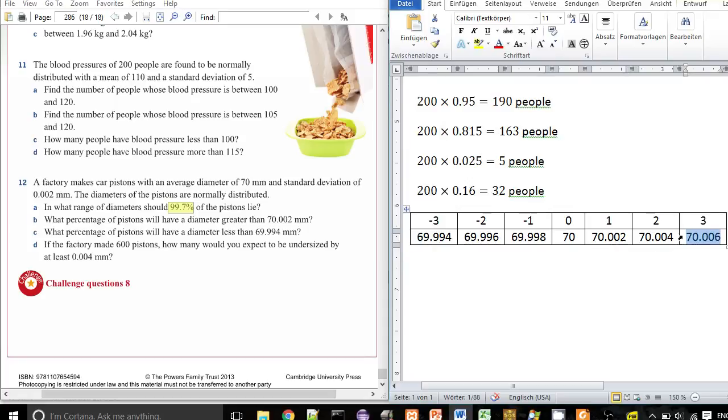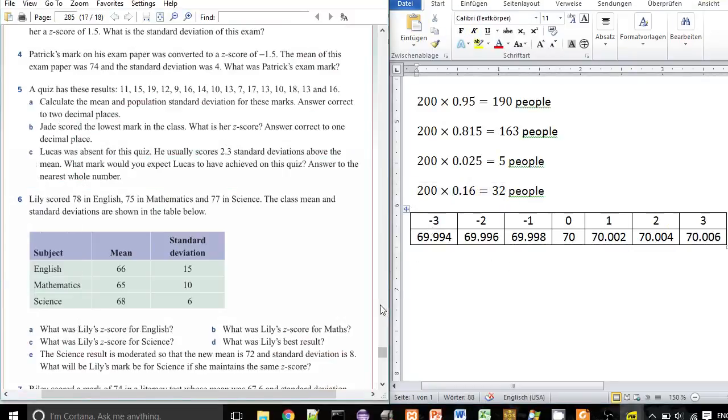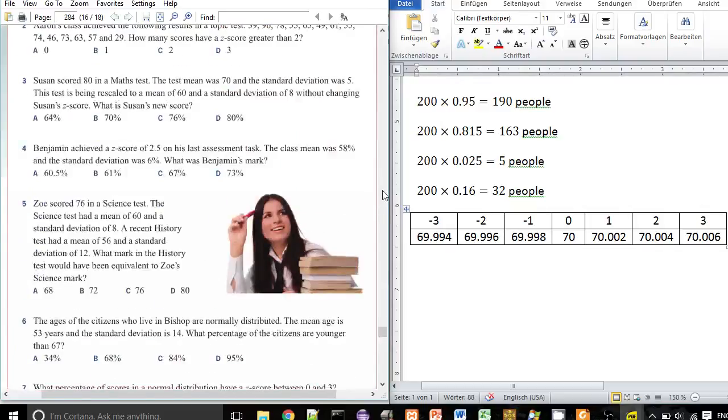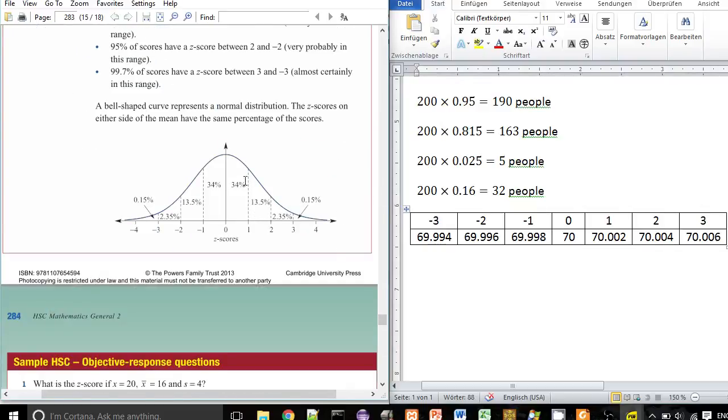Between these two endpoints, what percentage will have a diameter greater than this? Okay, so greater than 1, what percentage? 16%. Okay, from memory. Let's just again look at this. So greater than 1 is this plus this plus this. They add up to 16%.